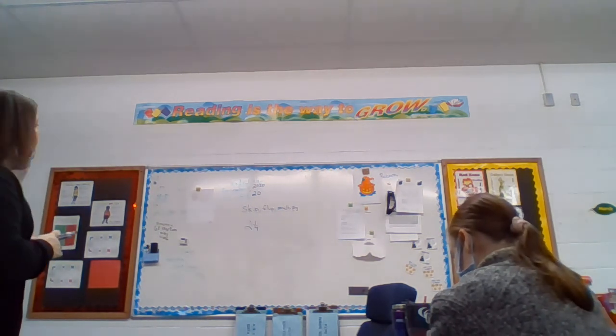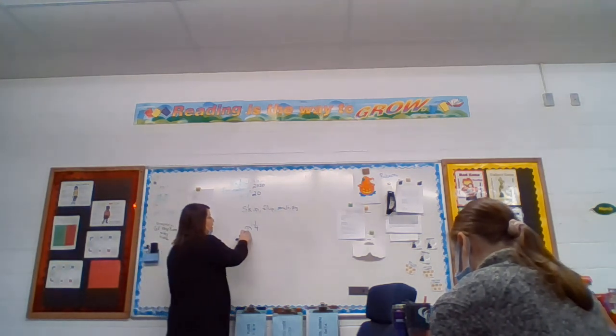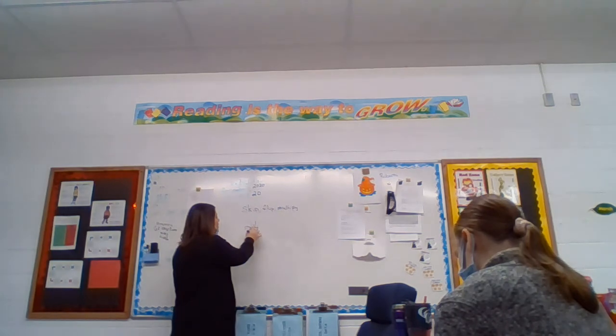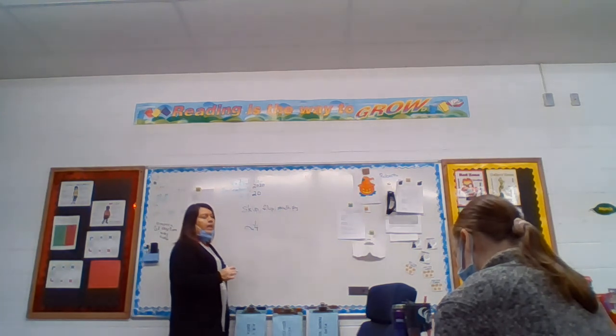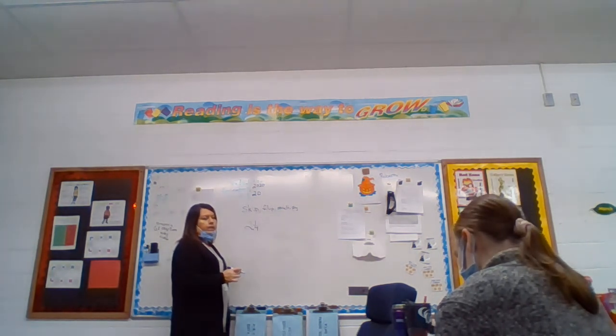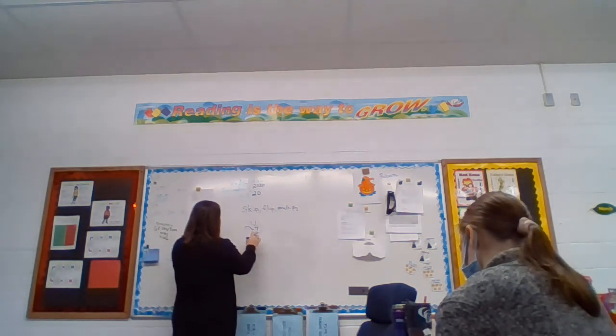I remember. Okay, so remember how you take your whole number times your denominator. So 2 times 4. What's 2 times 4? 8. And then we add the numerator. So 8 plus 1. 9. And then we keep the denominator.